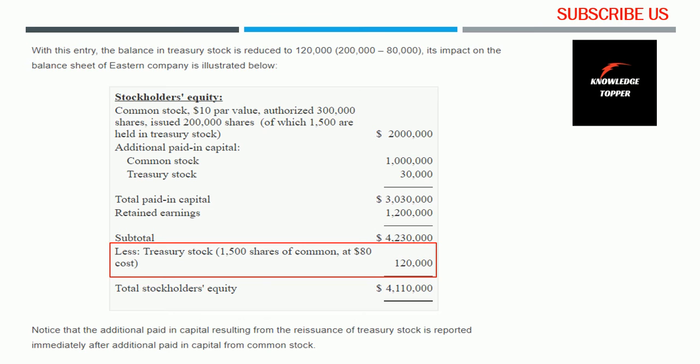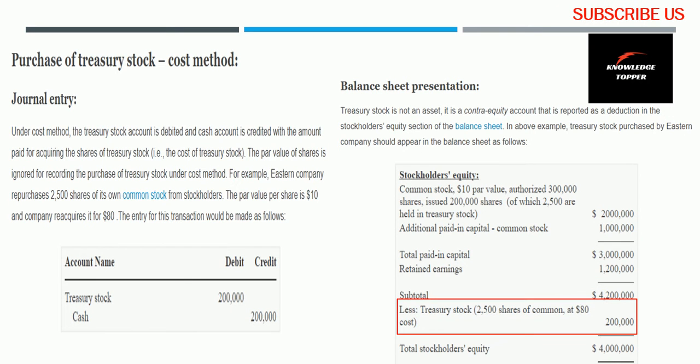You can see, with this entry, the balance in treasury stock is reduced to 1,20,000, like 2 lakh minus 80,000. Its impact on the balance sheet of Eastern Company is illustrated below. Now you may think where 2 lakh comes from, or where 80,000 comes from. As you can see, firstly Eastern Company repurchases the treasury stock of 2 lakh.